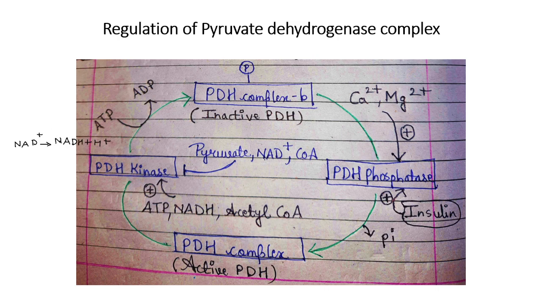But here NAD plus levels are more, which means the body is in an energy deficient condition, because NADH will pass through the electron transport chain and give rise to ATPs. NAD plus will not pass through the electron transport chain. So if NAD plus levels are more, it means the cell is in ATP deficient condition.